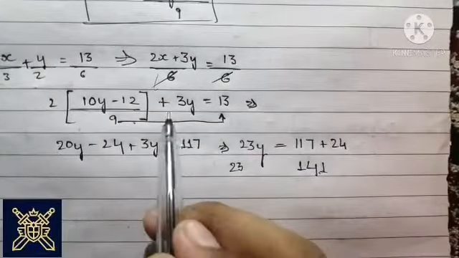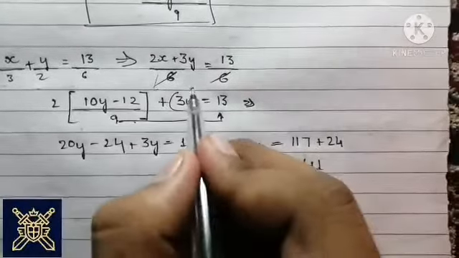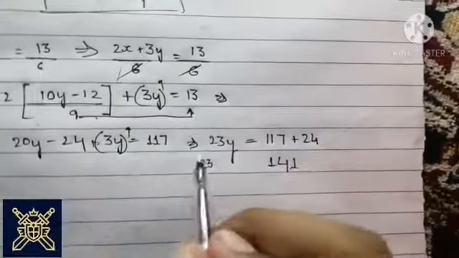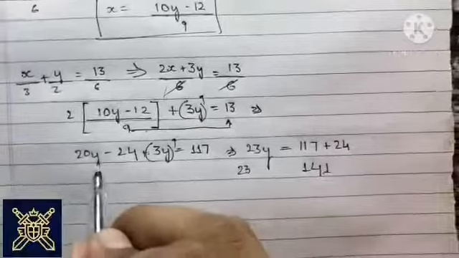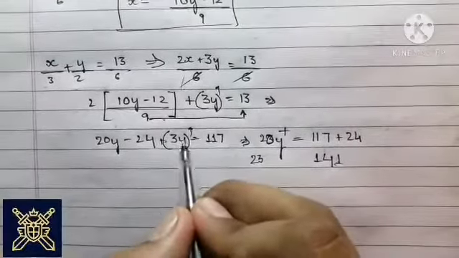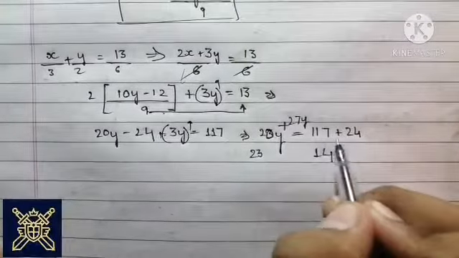From here we did not multiply this 9. So this is 3y into 9. So when you open this bracket, you have 20y plus 3 9s are 27. So 27y is equal to 117 plus 24.